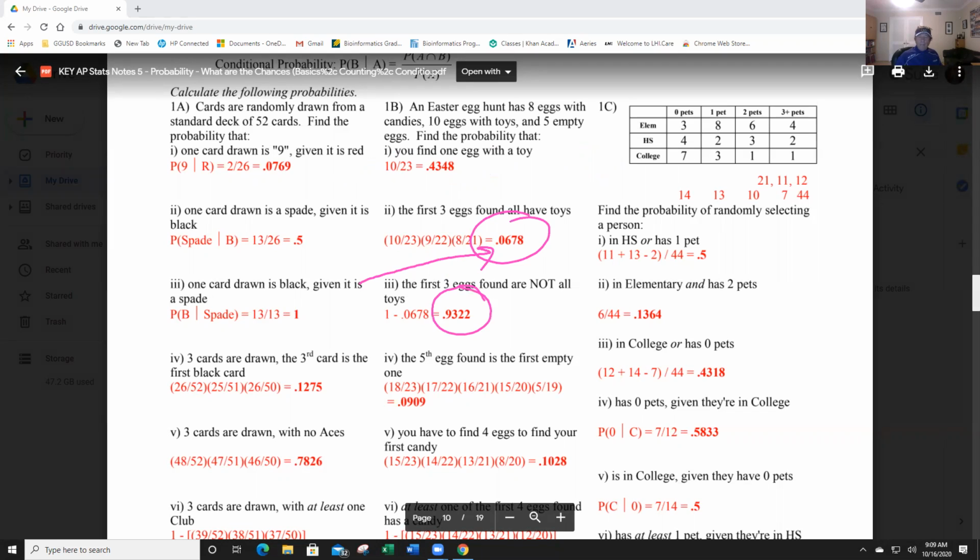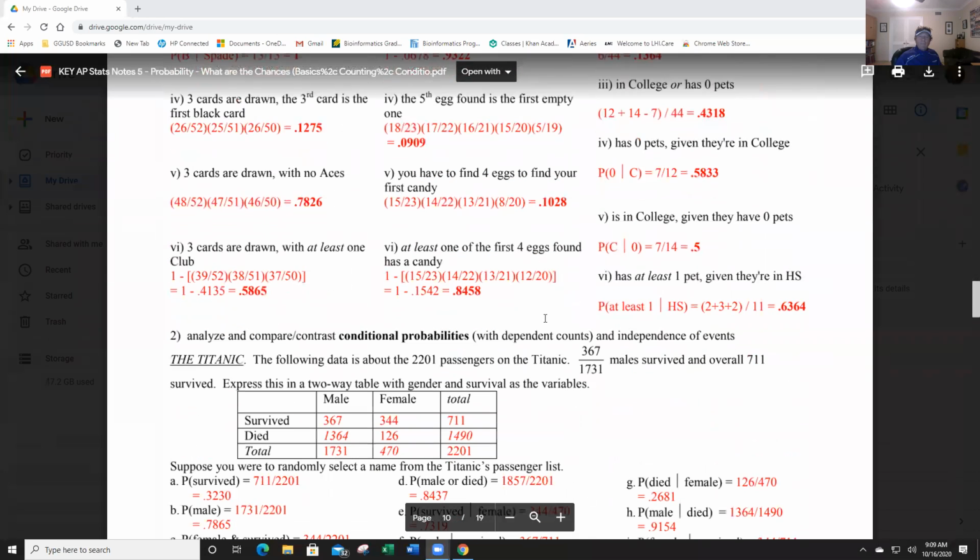The 5th egg found is the first empty one. The 5th egg, let me slide this down a little bit. The 5th egg found is the first empty one. Okay. So there are 18 non-empty ones.